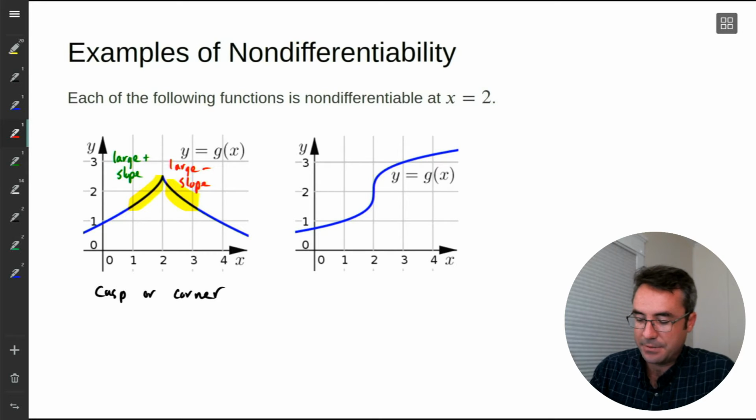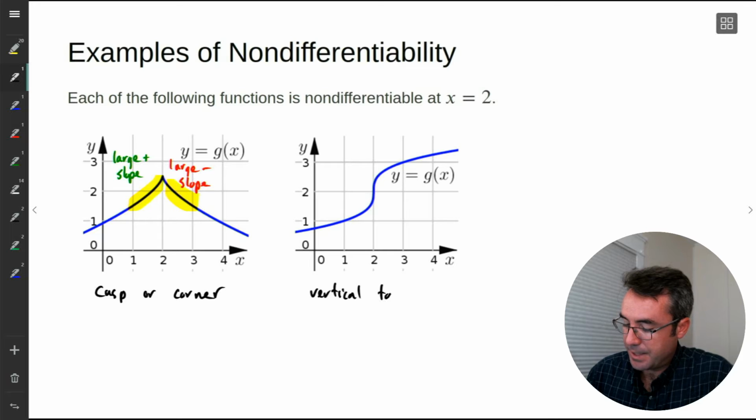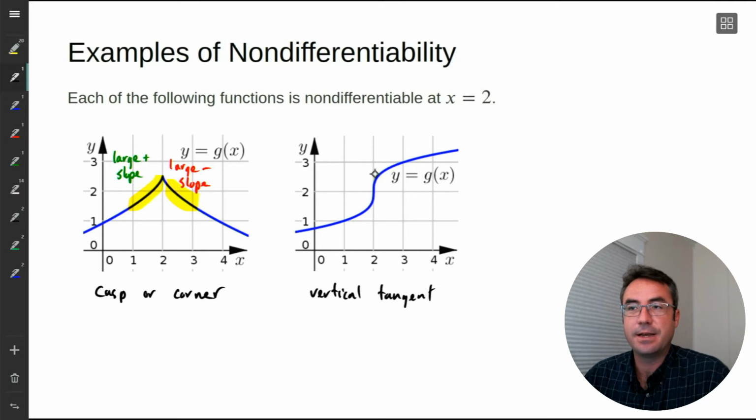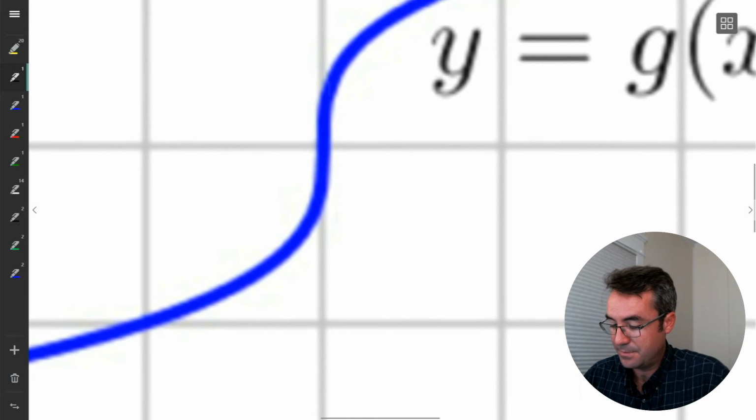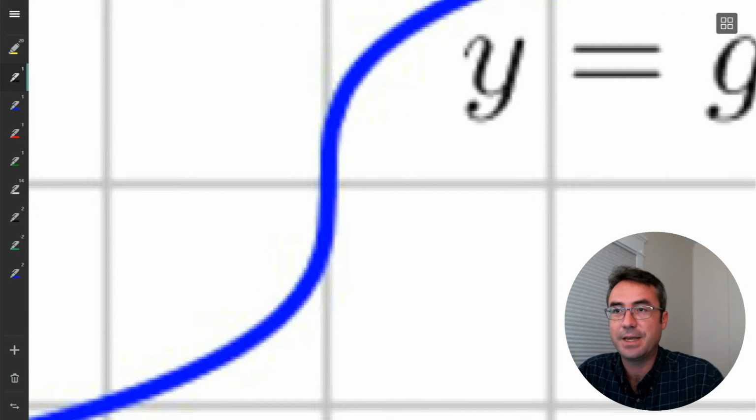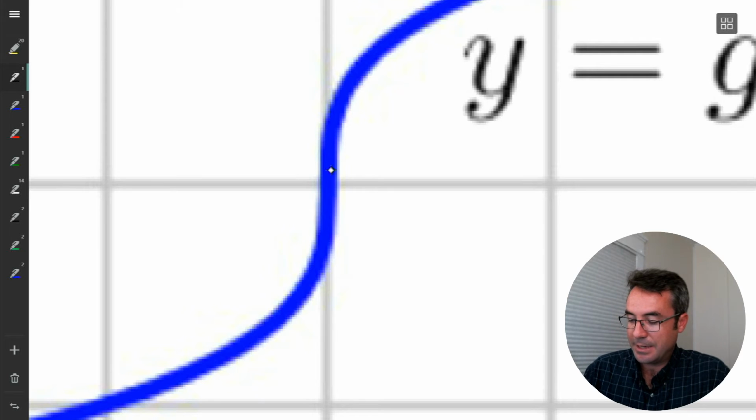Well, here we've seen this before. This one has a vertical tangent. This one has a vertical tangent line at x equals 2. So if you were to try to draw the tangent line, right at x equals 2, it looks like a vertical line. And when you zoom in at x equals 2, it looks like a vertical line there.